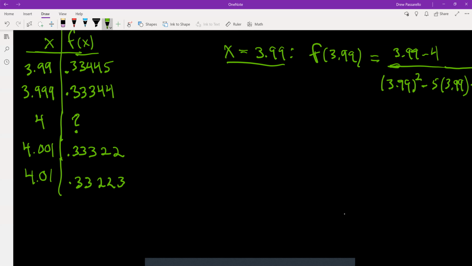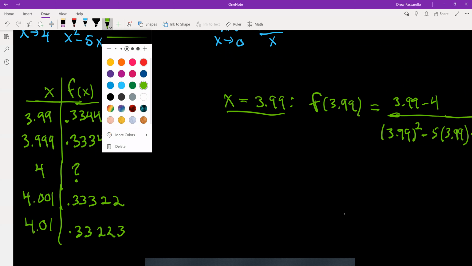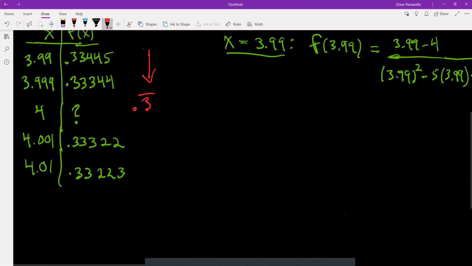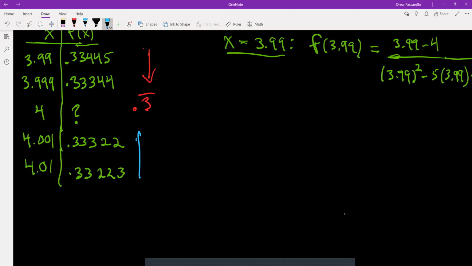If you see, as I get closer to 4 from the left side, these values are getting closer and closer to 0.3 repeating. And as I approach from the right side of 4, these are also getting closer to 0.3 repeating.